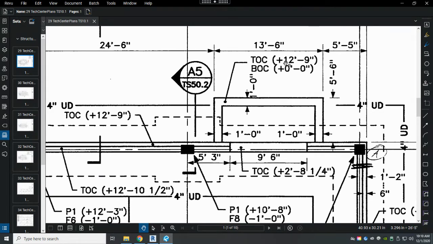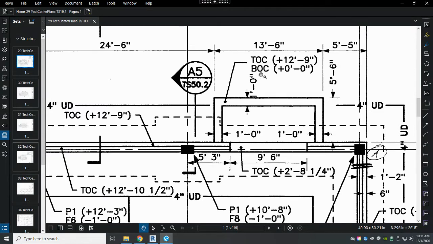So if we have a top of concrete, meaning the top of this areaway structure is at 12 feet 9 inches, and the bottom of that same areaway structure is at 0, we can determine that the height of this wall that's surrounding this areaway and creating this space on the inside for us to intake that fresh air, the height of those walls are 12 feet 9 inches. And that's how you read this.